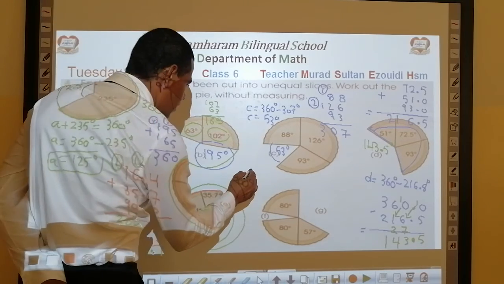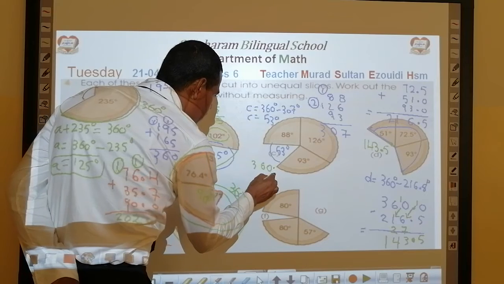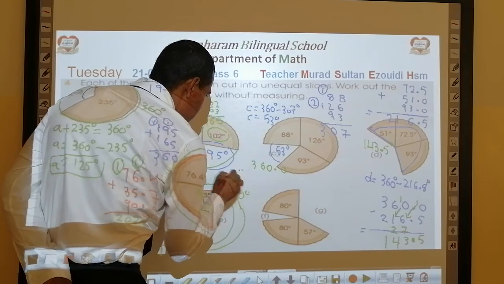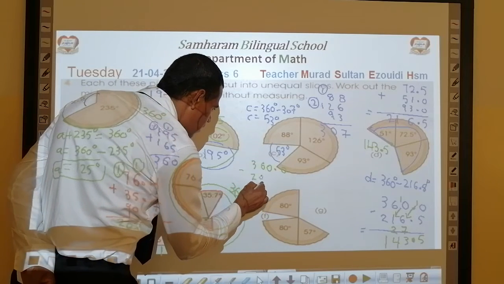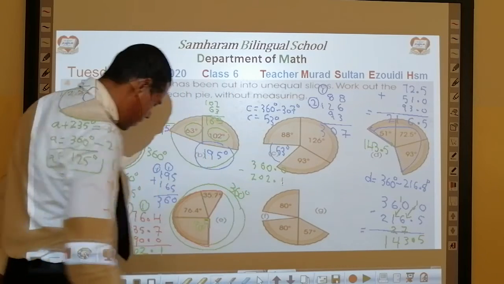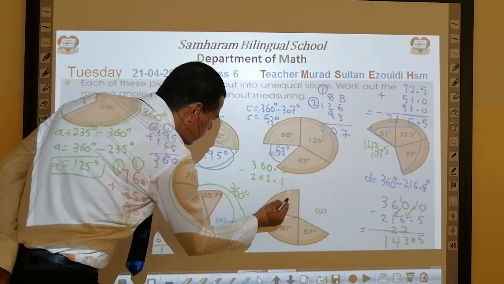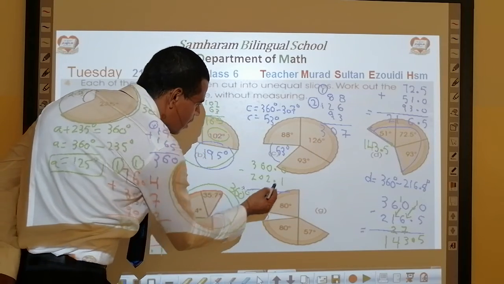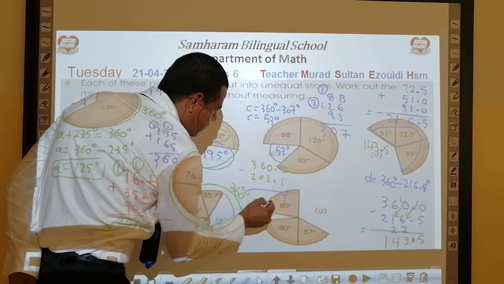I will just do it here. 360.0 minus 202.1. Equal. So 0 minus 1 not possible. 10 minus 1 is 9.